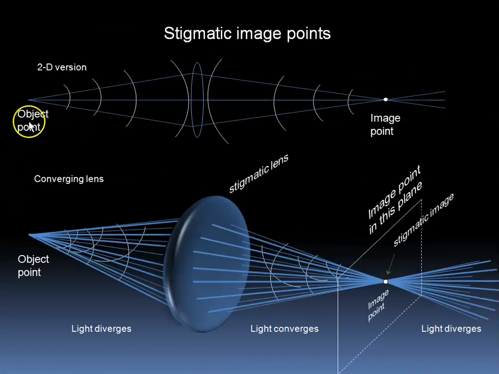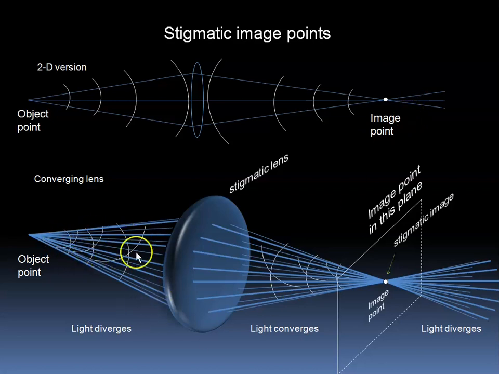In this slide, we see how an object point is formed into a sharp image point. This image point is known as stigmatic. It is stigmatic because it is sharp. If we cannot form a sharp image point, then we would say it is astigmatic.